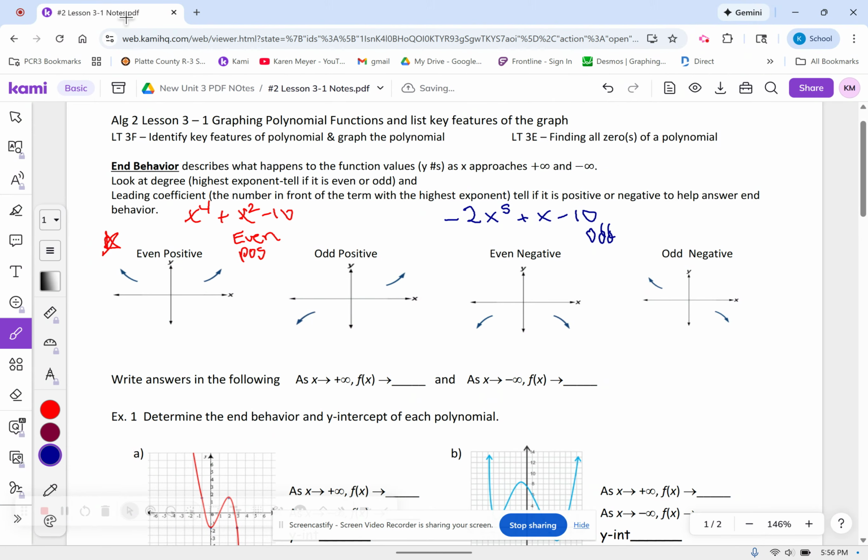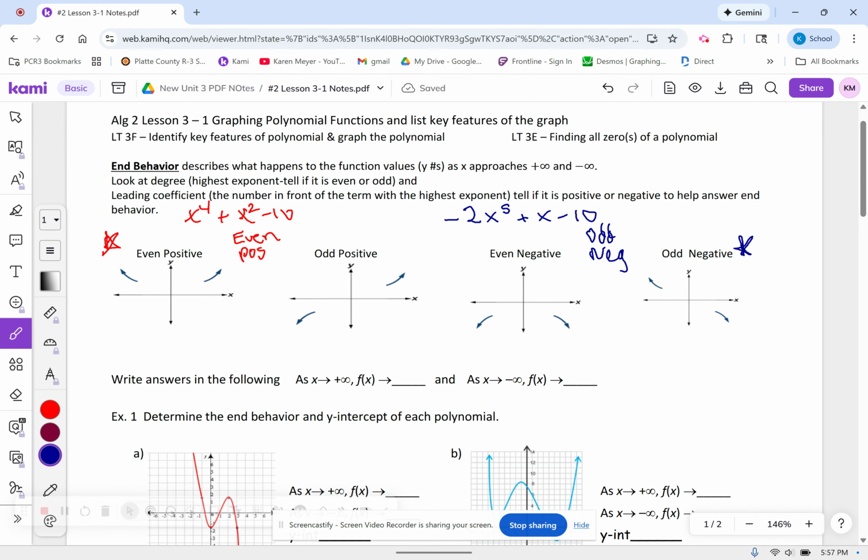And in front of x to the fifth, we have a negative 2, so that is negative. So if you have odd negative, that would put you here in the last category. And then if you're on the right side, your y numbers would be going down, so you would say negative infinity. If you're on the left side, your y numbers would be going up, and you would say positive infinity.